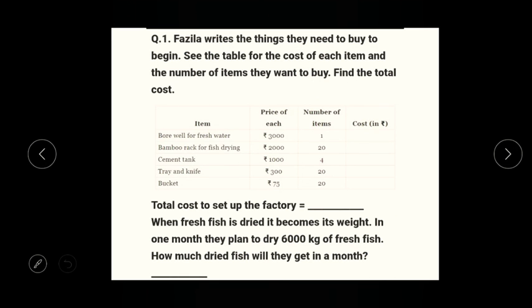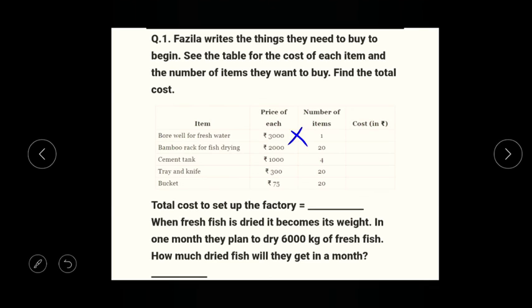The last important question is, Fazila writes the things they need to buy. See the table for the cost of each item and the number of items they want to buy. Find the total cost. To find the total cost, we multiply the number of items with the price of each. So in the first case, we multiply 1 with 3000.